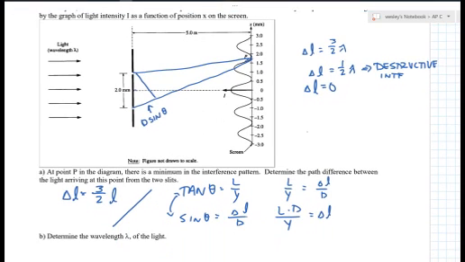And so what we get is L, 5 meters, times the distance separating these two things, 2 millimeters, 0.002 meters, divided by Y. And Y is from 0 to right in between.